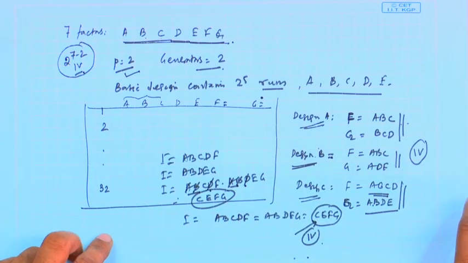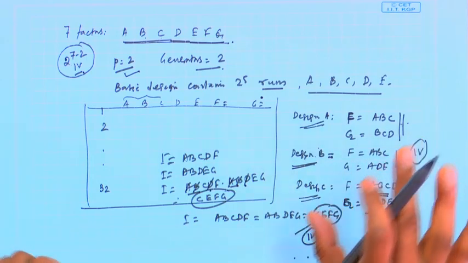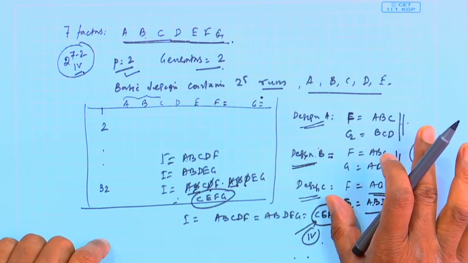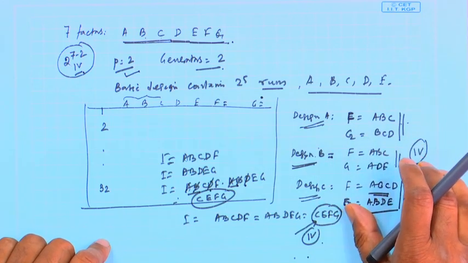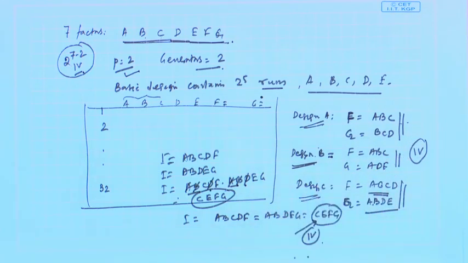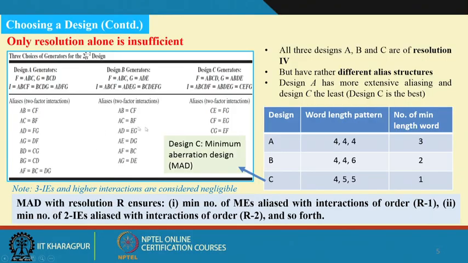Now the question is: will all the designs give you similar results, or in some cases is one better? So that is what is to be discussed. Now go back to the slides again. You see first design, second design and third design.